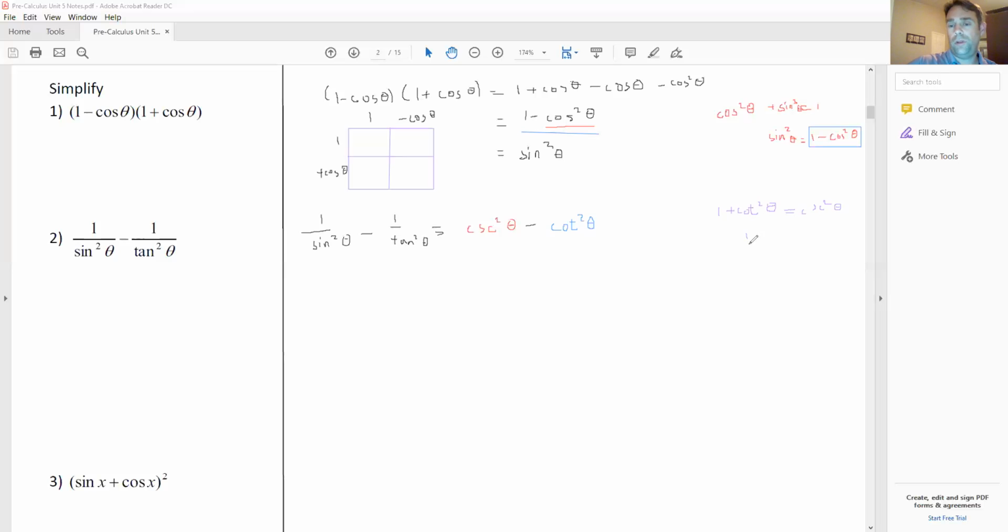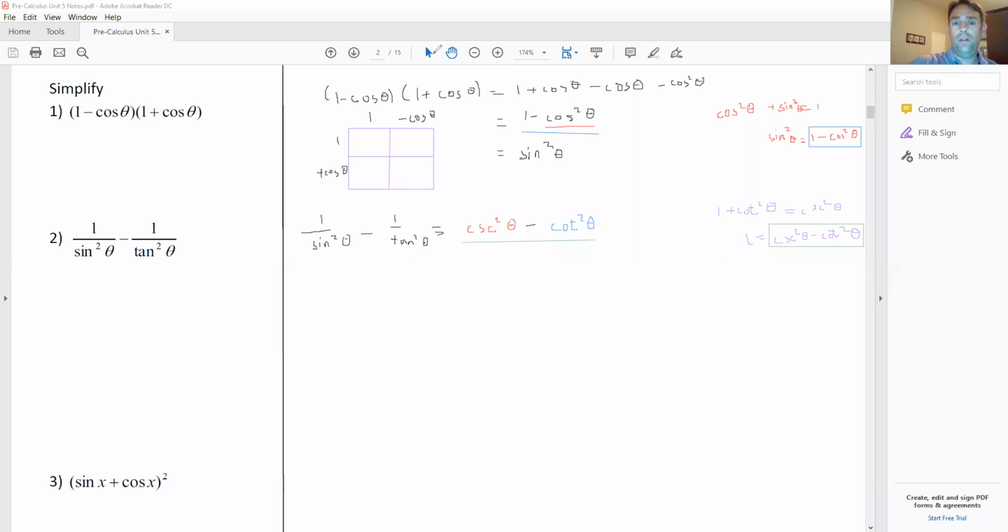Well, if I were to play with this identity, move the cotangent to the other side, I get cosecant squared theta minus cotangent squared theta is equal to 1. So now if we take a look at it here, cosecant squared theta minus cotangent squared theta, I can make this even simpler.